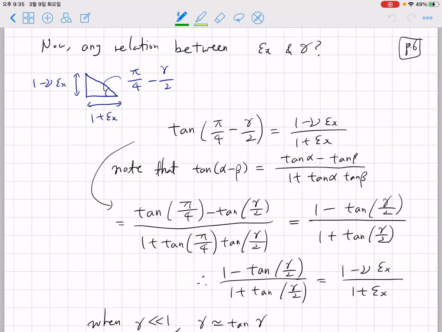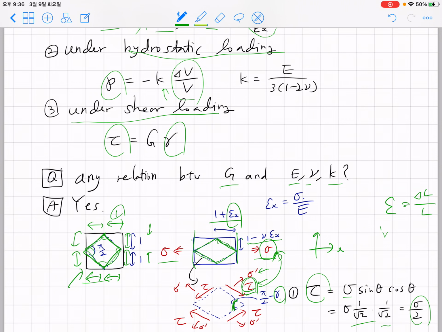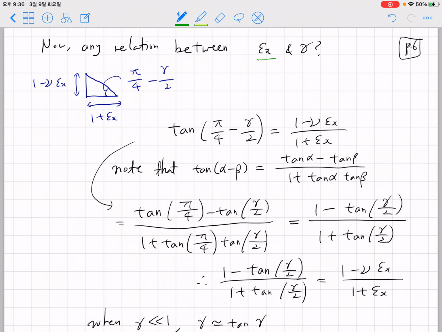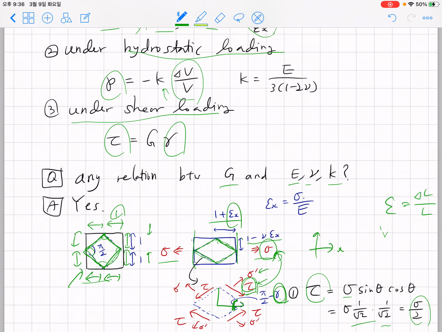Okay, so now because we already obtained tau as a function of external normal stress sigma and the angle theta, let's try to get the relationship between the normal strain epsilon x and the shear strain gamma here. Let's focus on just one piece of the triangle.